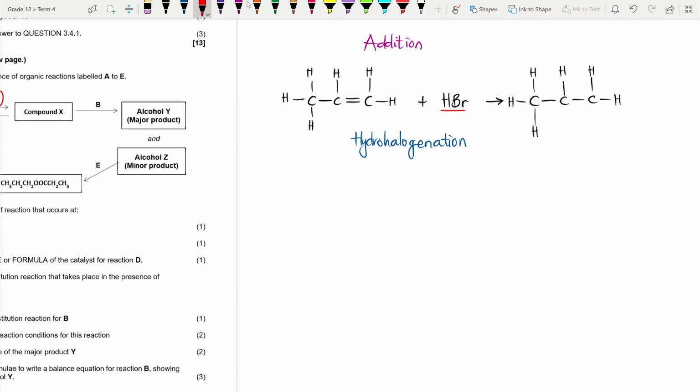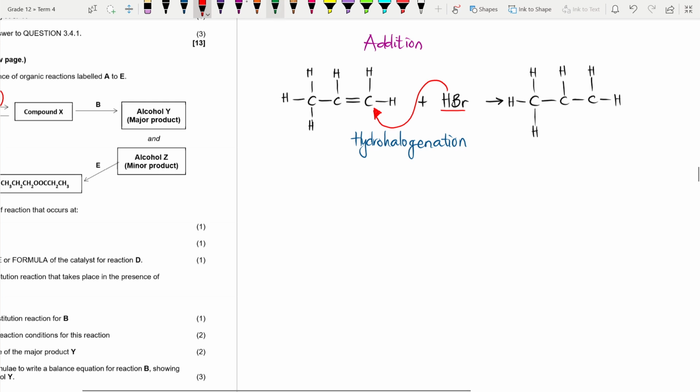It just says that when you're performing hydrohalogenation, the hydrogen always wants to go where many hydrogens are. So you can see here on the last carbon, there are 2 hydrogens, and on the middle carbon, there's just 1 hydrogen attached. So this hydrogen from HBr wants to go to a carbon that already has many friends, in this case 2.